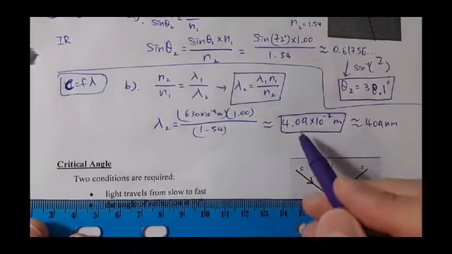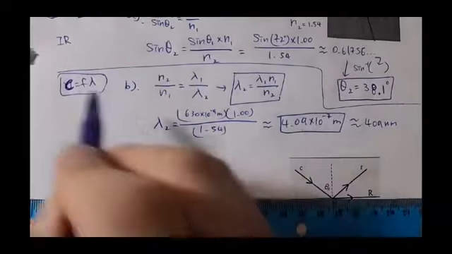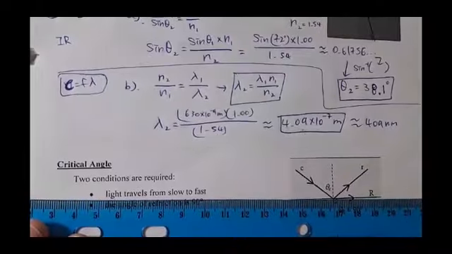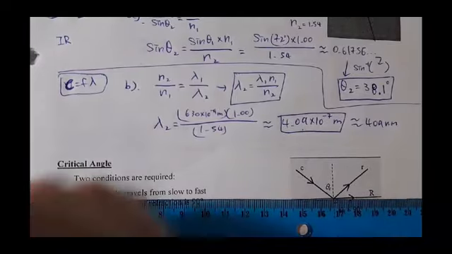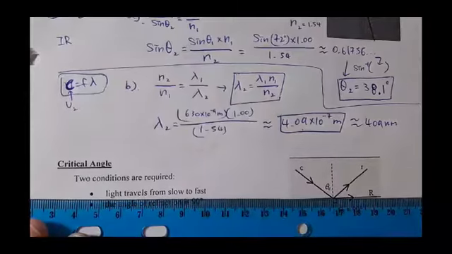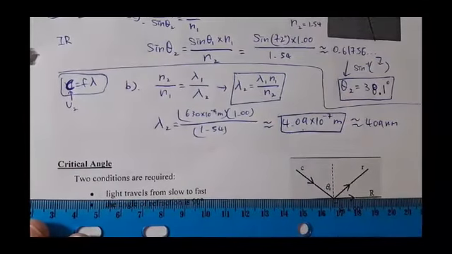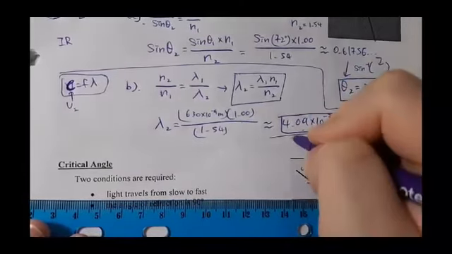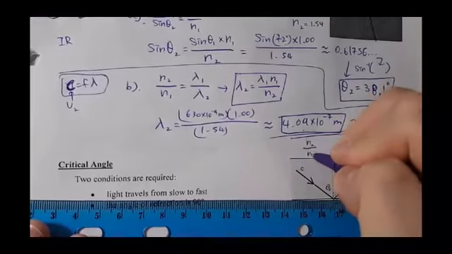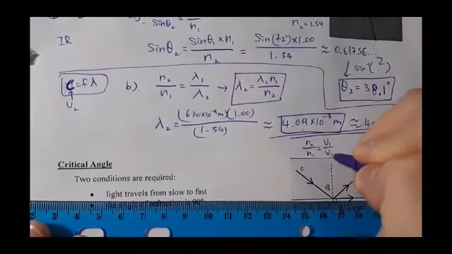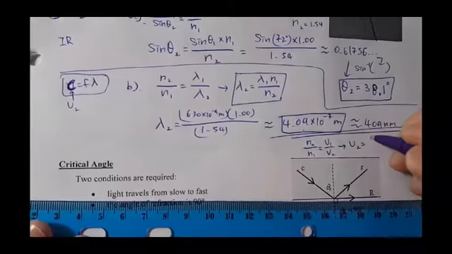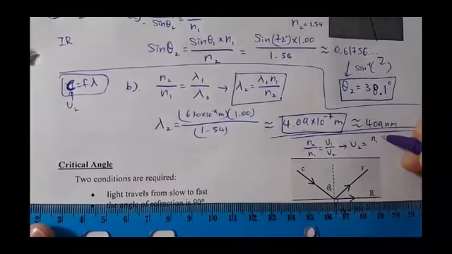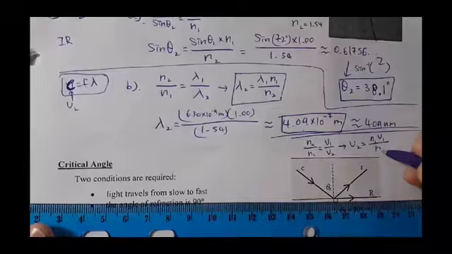But in any case, since we know that, we can actually find out c equals f lambda, except the only problem is, again, we need to have this v2. We're trying to find the glass frequency, and the speed of light in there. So I'm going to use basically the same type of calculation: n2 over n1 equals v1 over v2. So v2 is n1 v1 over n2.